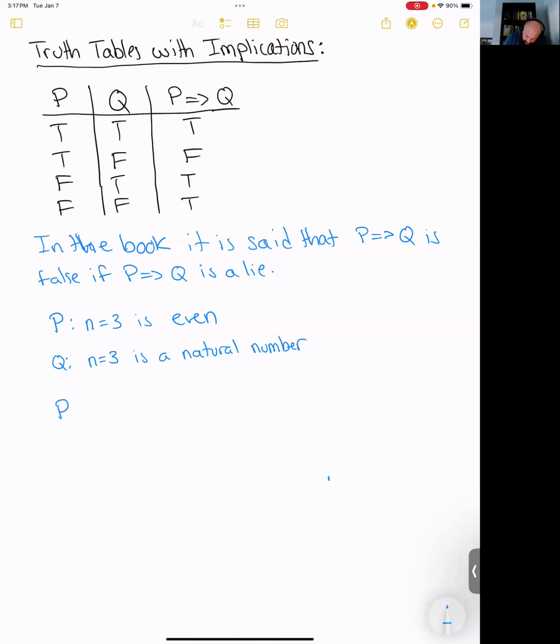Okay, so then I ask, does P imply Q? Is it true or is it false, right? Now, according to the table, it is true, right?